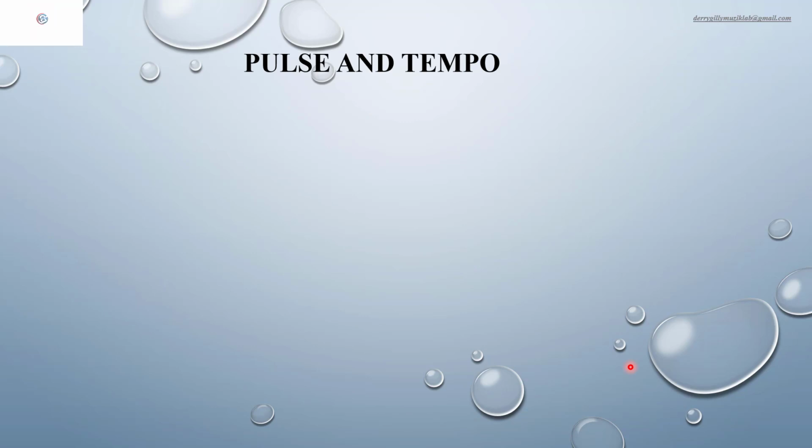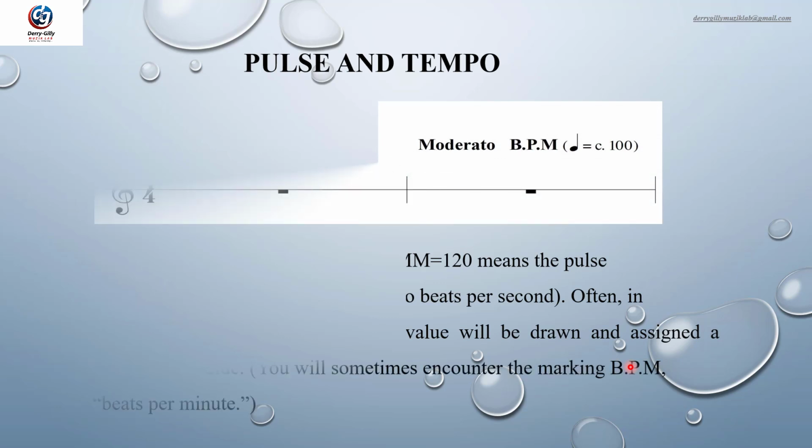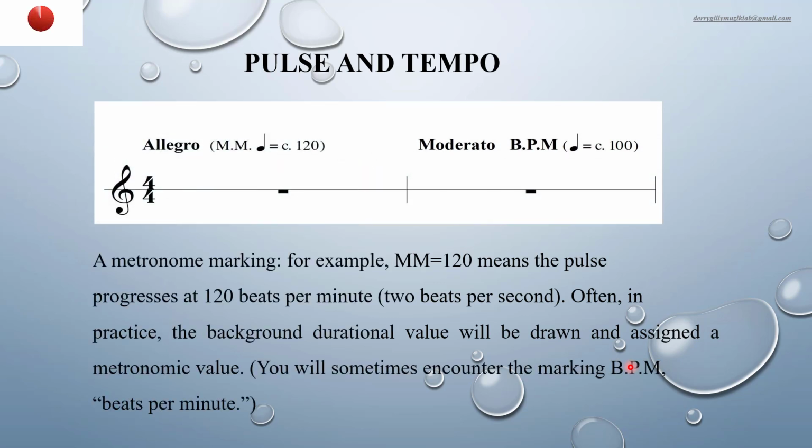We'll talk of pulse. What is pulse? Pulse or beat is a regularly recurring underlying pulsation that we perceive, and it compels music to progress in time. Now, pulse makes us react kinesthetically to music, or in other words, it compels motion.